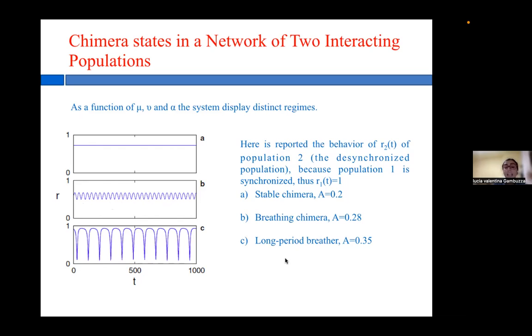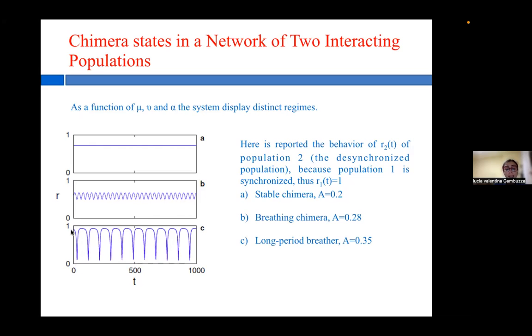Finally, we have the long period breather chimera, in which the difference between the two coupling strengths is equal to 0.35, and we can observe from panel C in the bottom panel that the fluctuations of the order parameter in the second population are very large. At some point the units reach a totally desynchronized state, then the order parameter grows and approaches 1.